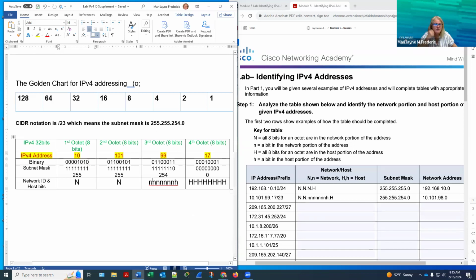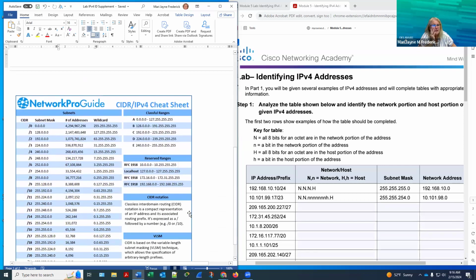And the CIDR notation, because they're supplying it to you already, will make it easier for you, because how you count it is you count, okay, I've got 1, 2, 3, 4, 5, 6, 7, 8, 9, 10, 11, 12, 13, 14, 15, 16, 17, 18, 19, 20, 21, 22, 23. And what's our CIDR notation? 23. That's how you find out what's the CIDR notation.